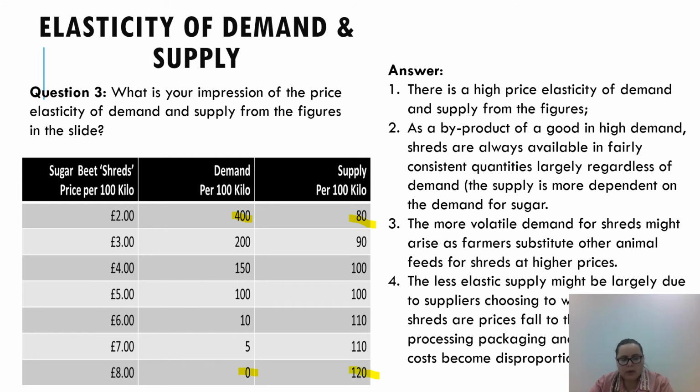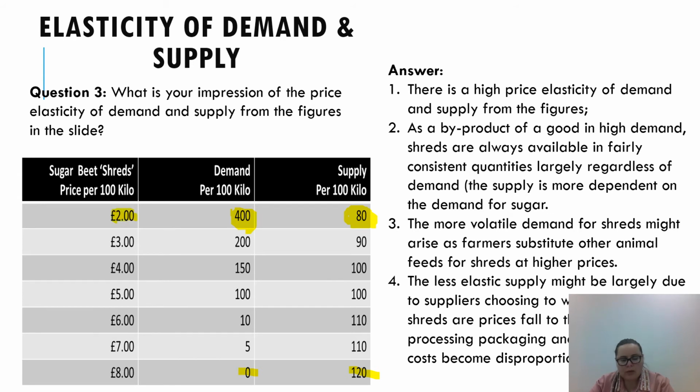In the case of the sugar beet shreds, if they are at a price of £2, then there is a demand of 400 units. For the supply, you can see that it's at a very low level, because it's too cheap.